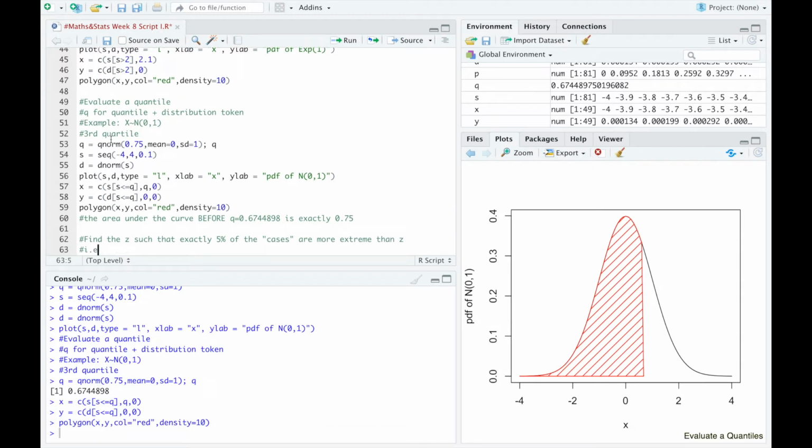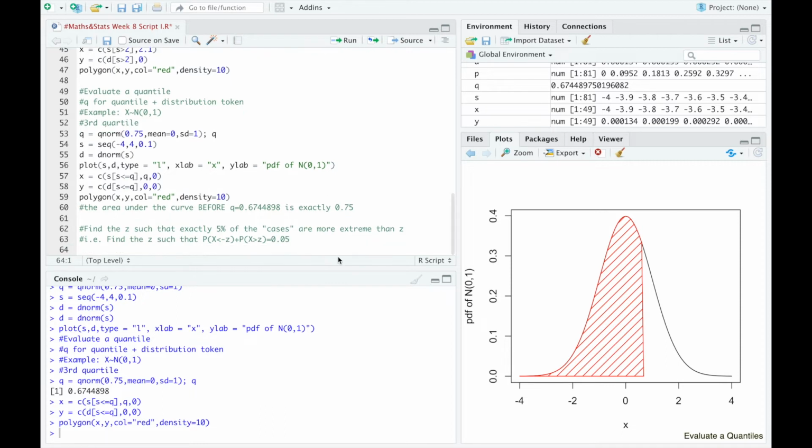More formally, find the z such that the probability for x to be lower than minus z plus the probability for x to be higher than z is exactly 0.05. So we are finding the z such that the probability that our random variable x, which is normally distributed, is more extreme than z, either lower than minus z or greater than z, is 0.05.